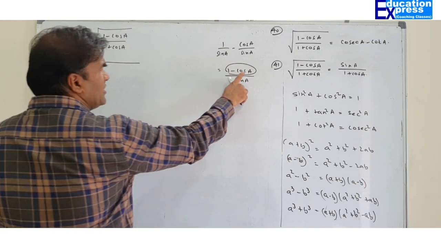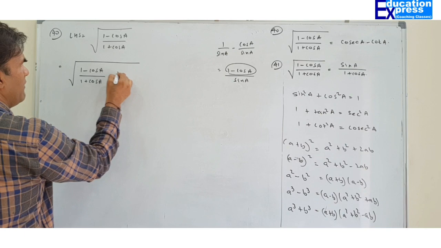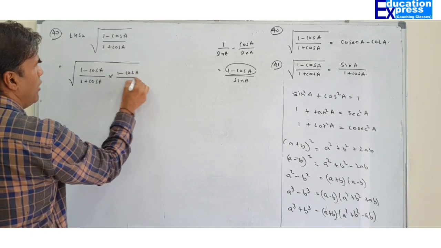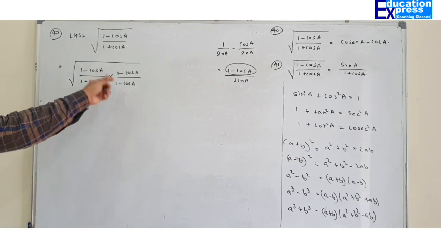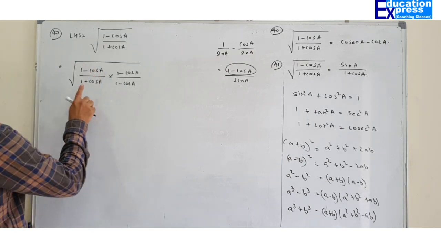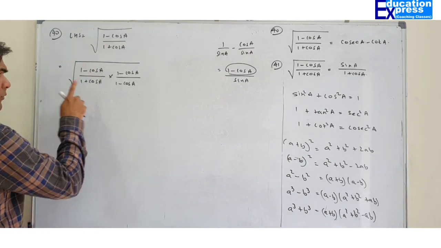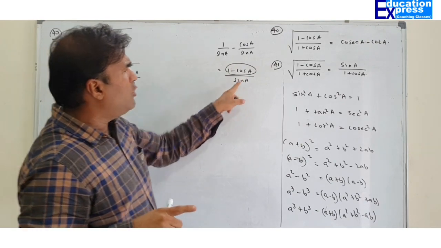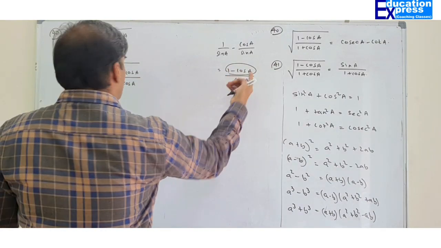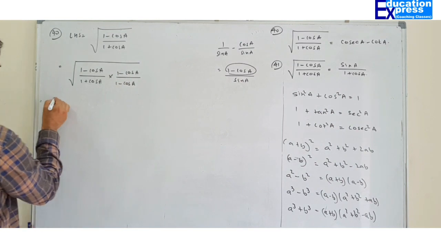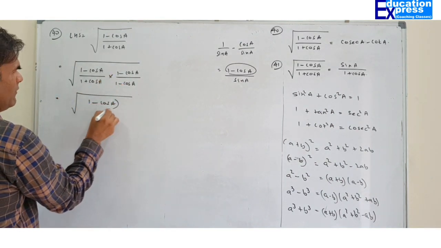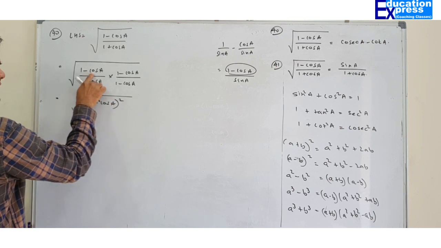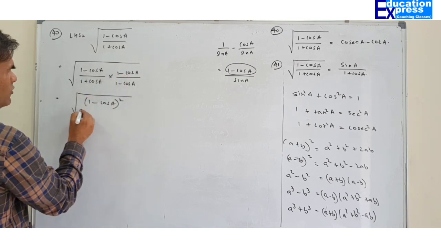You want 1 minus cos A in the numerator, right? Multiply by 1 minus cos A. Down also we'll have to multiply by the same number. It's called rationalization. But don't do rationalization just by looking at this; do rationalization depending on what you want. Because I want 1 minus cos A in the numerator, I put 1 minus cos A. Now what will happen? 1 minus cos A, the whole square, because A minus B into A minus B is the whole square.